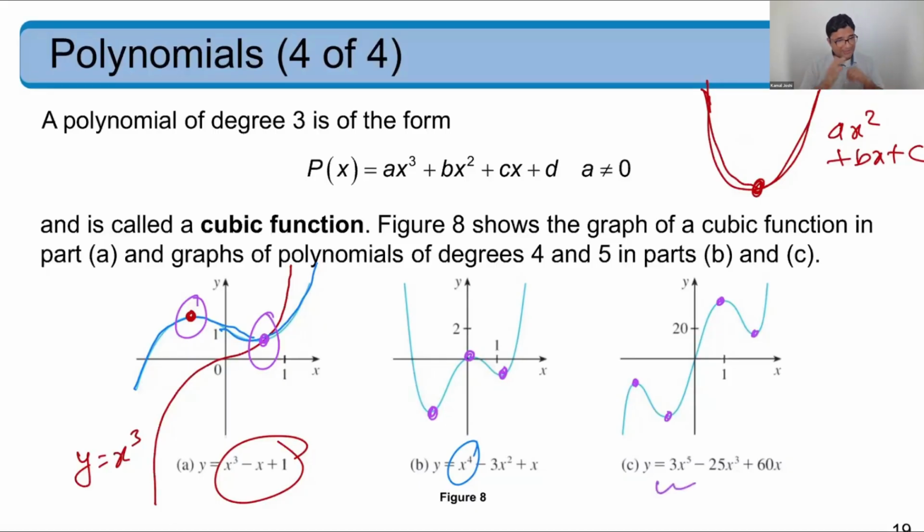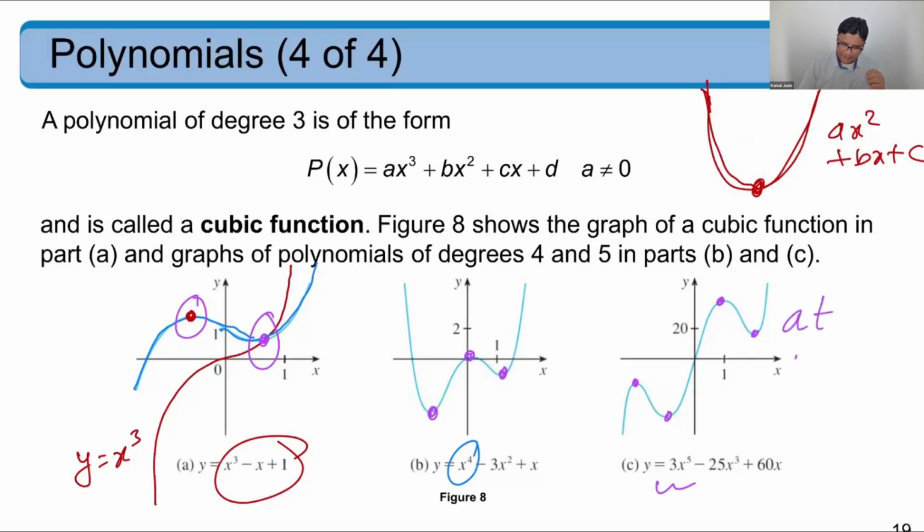That's one way to find the degree. Sometimes you will be asked, this is the graph of a polynomial, what is the degree of the polynomial? You can count. If the number of highs and lows is n, the degree of the polynomial is n plus 1. You would observe that pattern. But one thing you have to be careful about is it is equal to that or more. Sometimes it could be more, but at least 5.